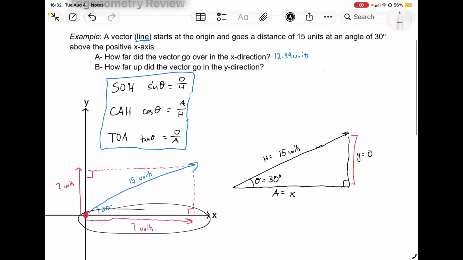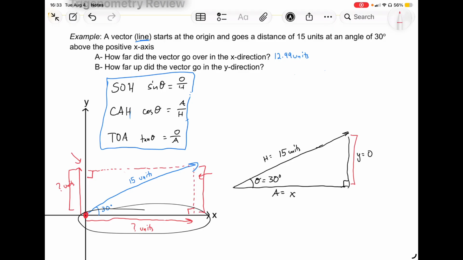And just as a quick reminder, we're using this triangle right here, the bottom one, but we could have just as likely been using this triangle as well. Remember, the upward height of this triangle on the right side will be the same as the upward height of the triangle that we made on the left side of our hypotenuse, or of our arrow, our vector. So either triangle that we want to use will end up with the same result on each side, for the y and for the x.